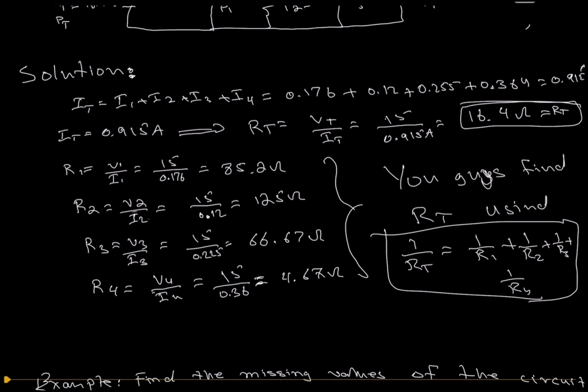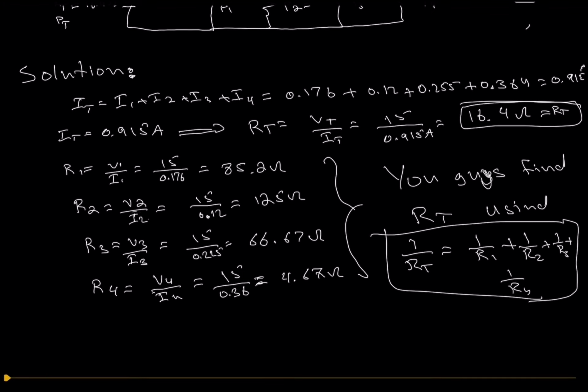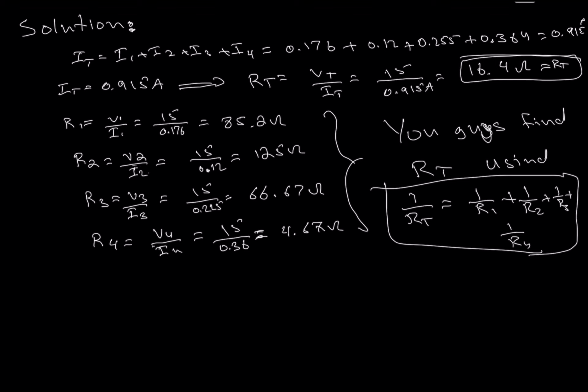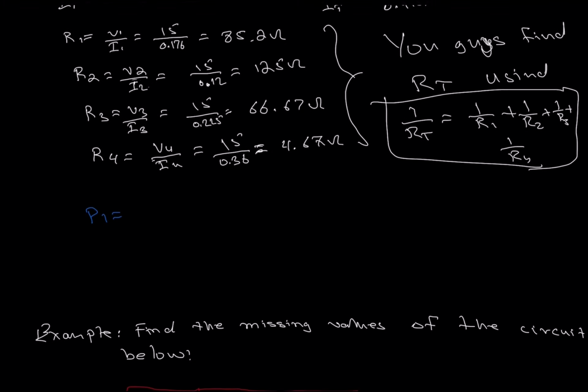Now we have 4 missing components. We have P1, P2, P3, P4, and PT. So let's find P1, P2, and P3. P1 will be equal to I1 times V1.